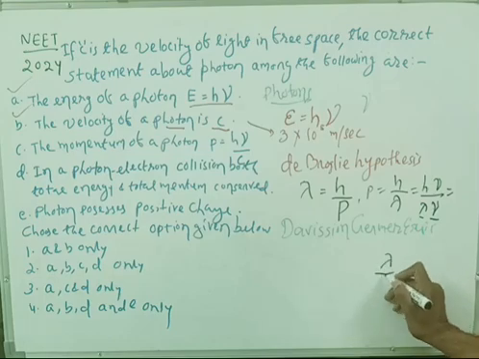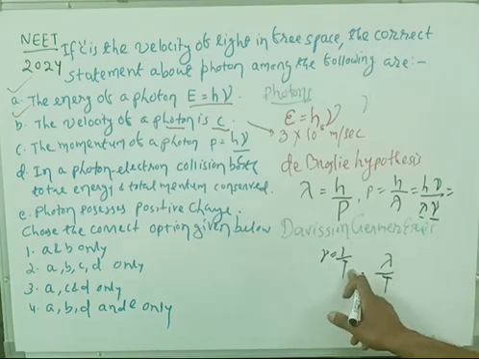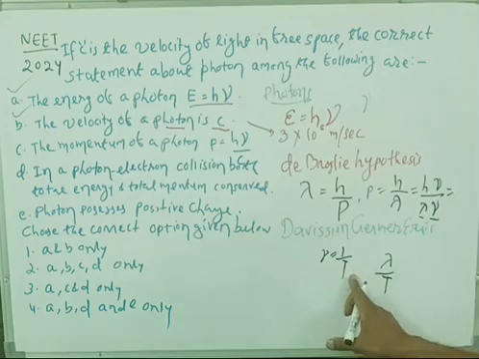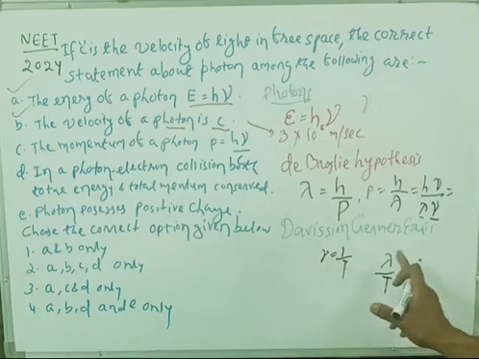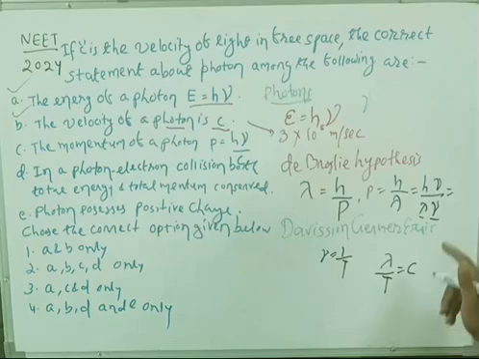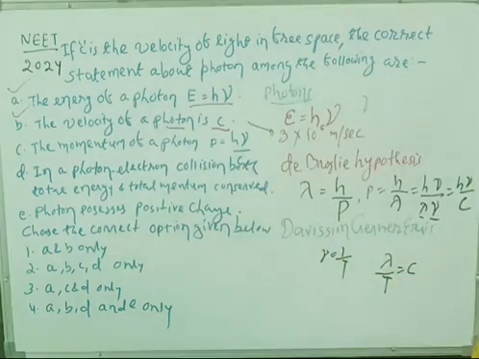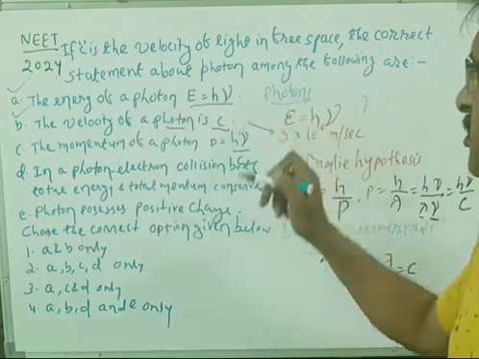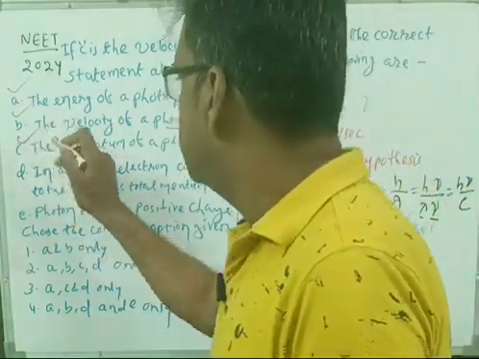That is lambda by t, as frequency nu is equal to 1 by t, the reciprocal of the time period. So lambda by t is nothing but the velocity of light or velocity of photon. So we may write here h nu by c. This is the linear momentum associated with every photon. So this is also correct, student. So given option C is also correct.